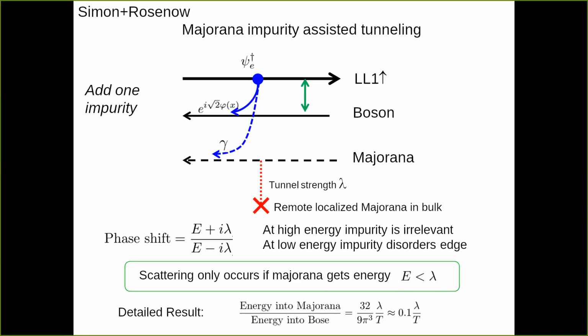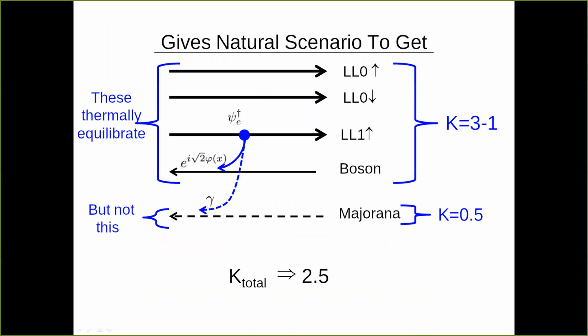Then you can do a more detailed calculation, and you're helped out by a factor of 32/9 pi cubed. You find out that the energy going to the Majorana divided by the energy into the Bose mode is basically the tunneling strength divided by T times 0.1. So this will then give you what you need, which is electrical equilibration without thermal equilibration.